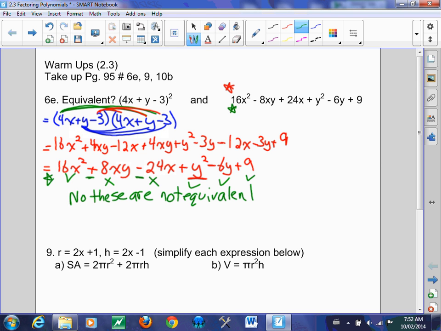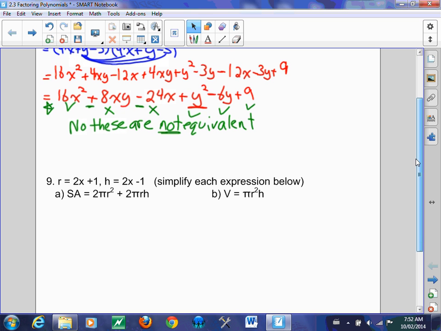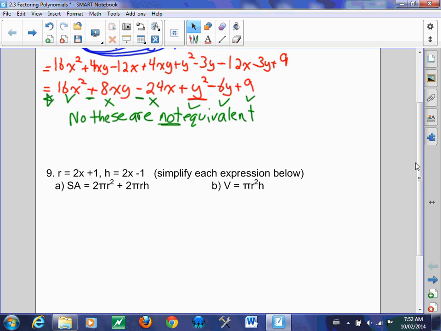Just think, there's a major difference between having a positive $1,000 balance in your bank account versus a negative $1,000 balance. Okay, so no, these are not equivalent. I know that was tricky because some people might say, hey, it's close enough, but no, the signs have to be exactly the same.